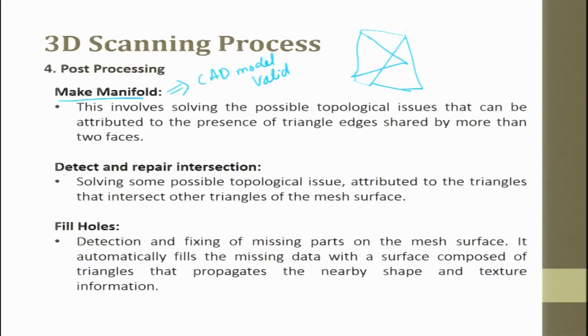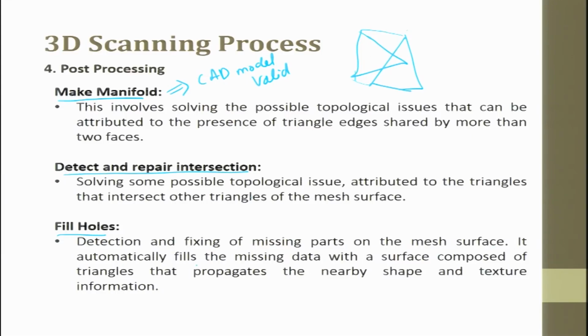So, the other thing is detection and repair of intersecting meshes or triangles, solving some possible topological issues attributed to the triangles that intersect other triangles of the mesh surface. This is also one of the post processing steps. Then filling up holes, detection and fixing of missing parts on the mesh surface.